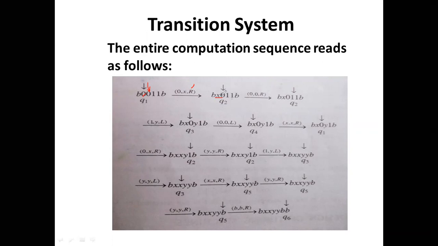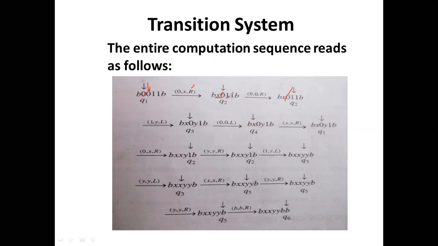When it is in the Q2 state, Q2 reads 0, it will replace 0 by 0, and it will move to the right side. So here this 0 is replaced by 0, and moves right.